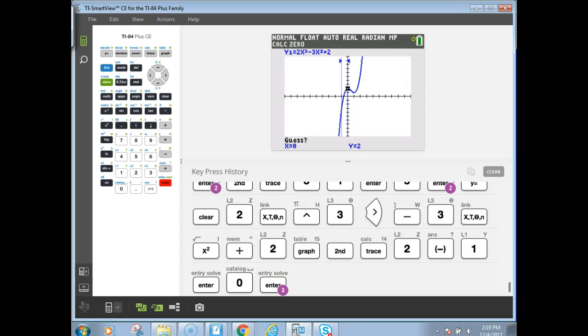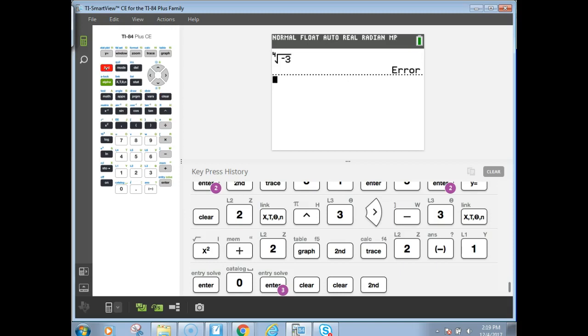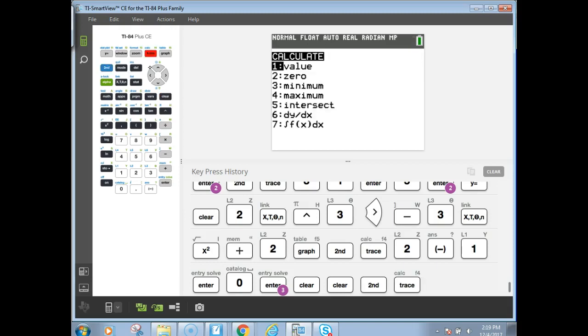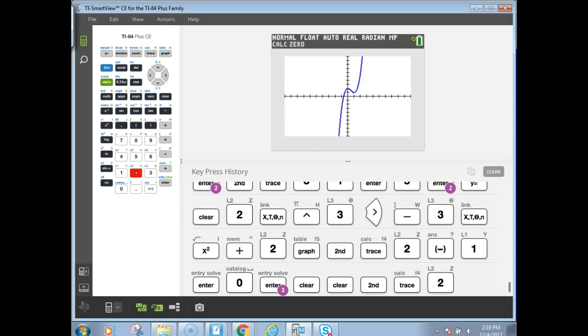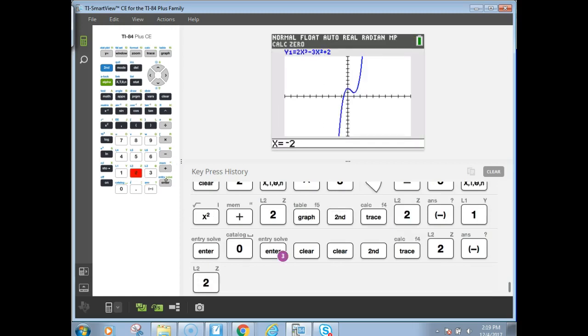I did something wrong, so I better... Oh no, mine just went slow. I had it. It just was slow doing it. Choice 2, again, that was between... I can just type -2, enter, 0, enter.